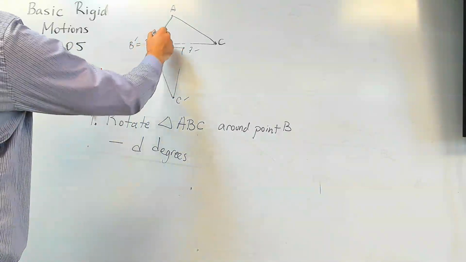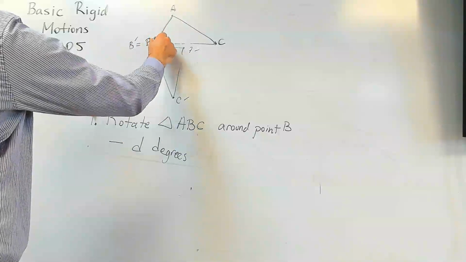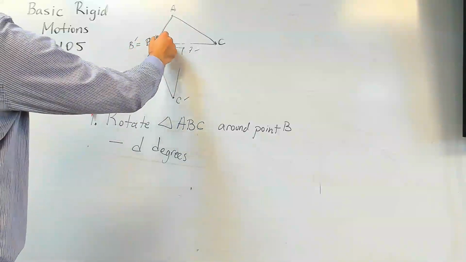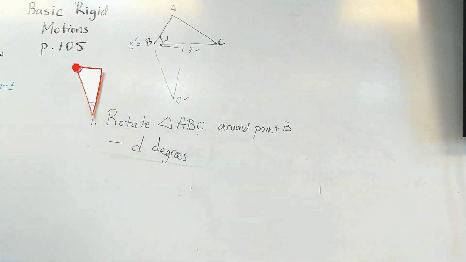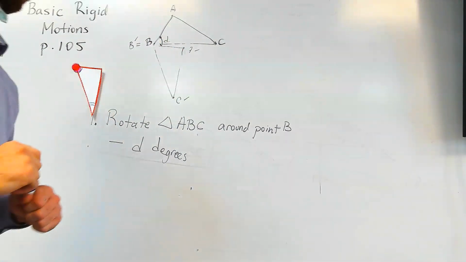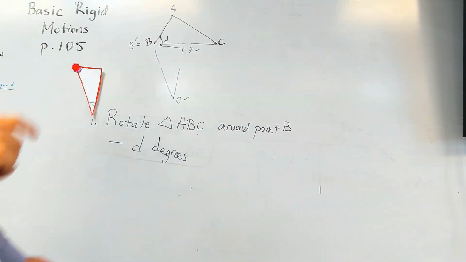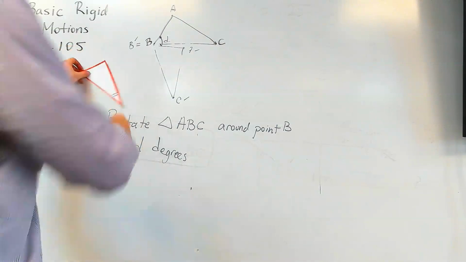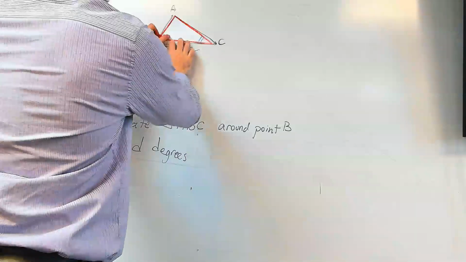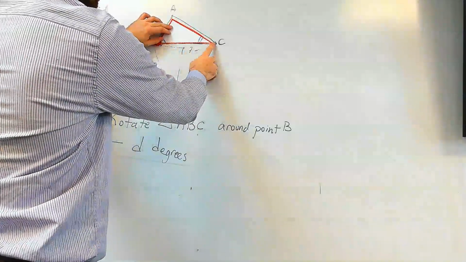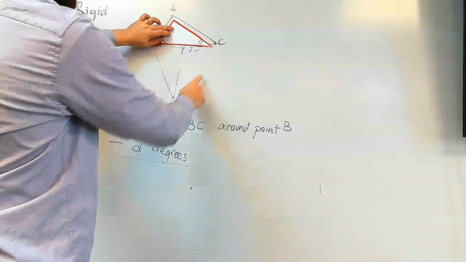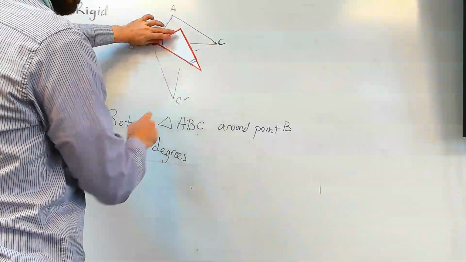So if we looked at it, D would be this many degrees. If we had a protractor, we could calculate the exact number of degrees that went. Well, we don't have one, so we won't worry about it. We could also say that the number of degrees it went was exactly the number of degrees it takes from C to get to C prime.